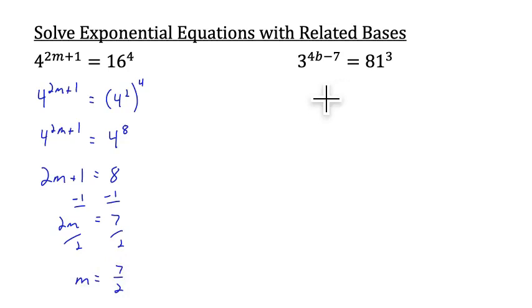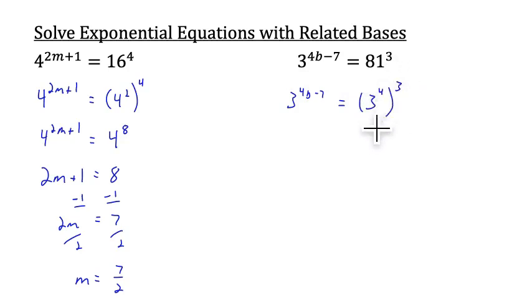Similarly over here, we have two exponential expressions set equal to each other. The bases are different. However, there is a relationship between 3 and 81. We can rewrite 81 as a power of 3. 81 equals 3 to the 4th power, but then that's raised to the 3rd power.